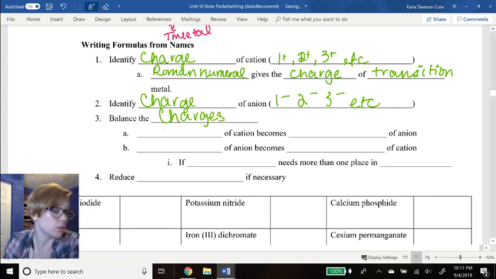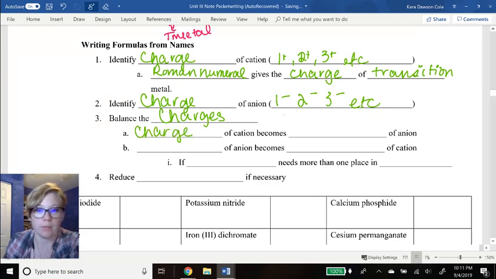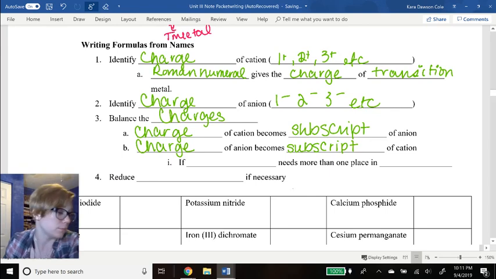The absolute value of the charge of the cation becomes the subscript of the anion, and the charge of the anion becomes the subscript of the cation.